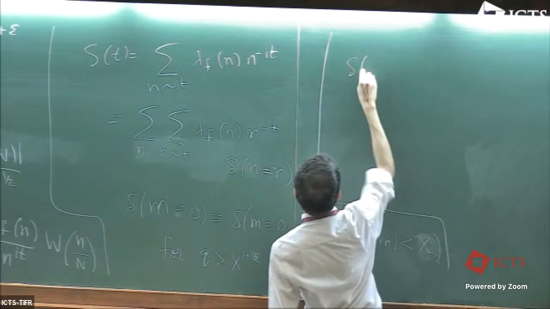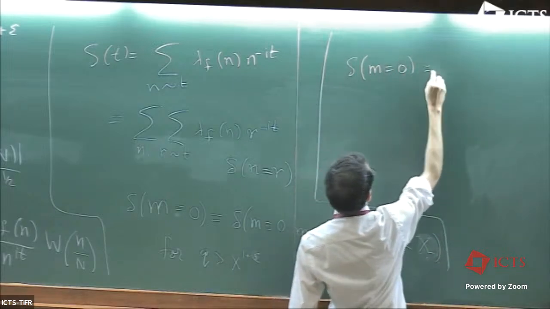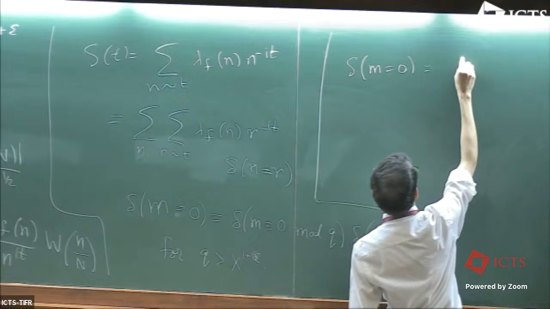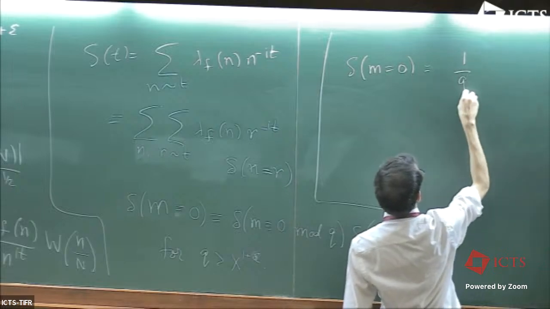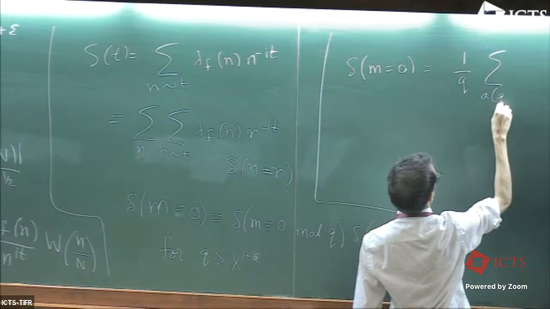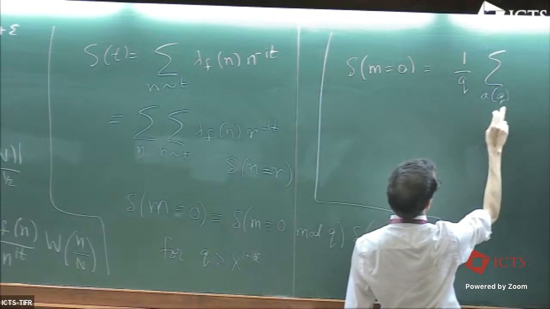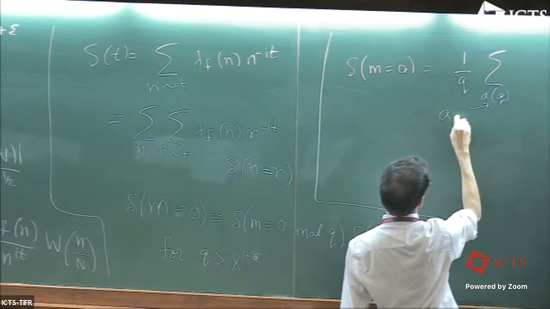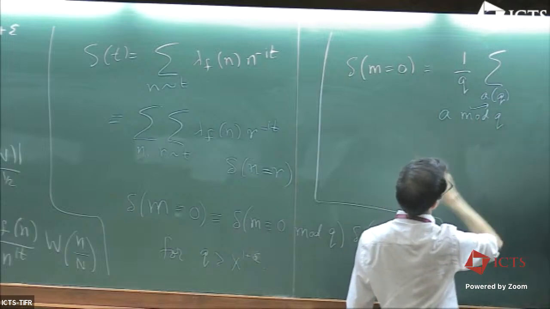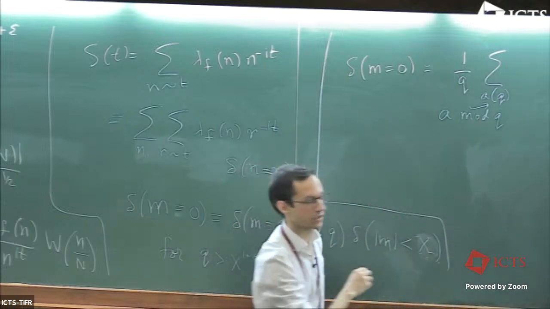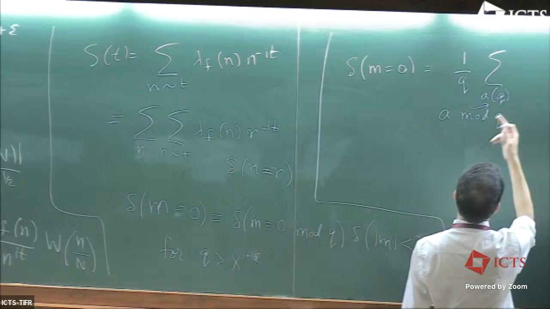We had written out an expansion for that. Another notation: when I say this, what I mean is summing over classes a modulo q, so I'm going to drop the mod sign.